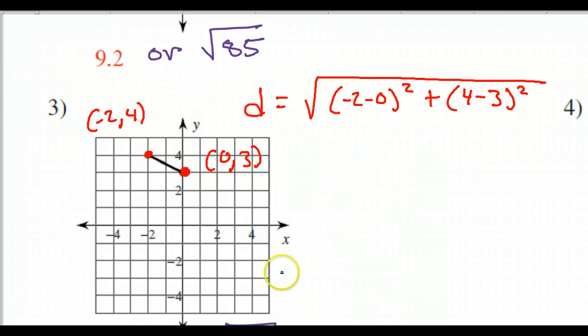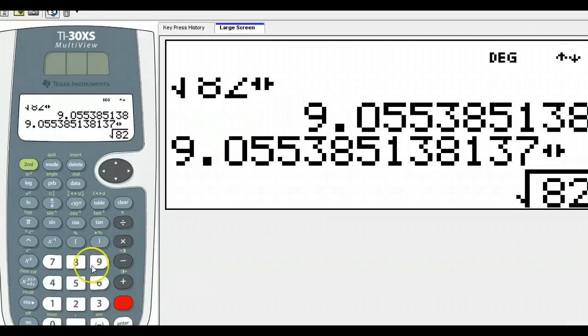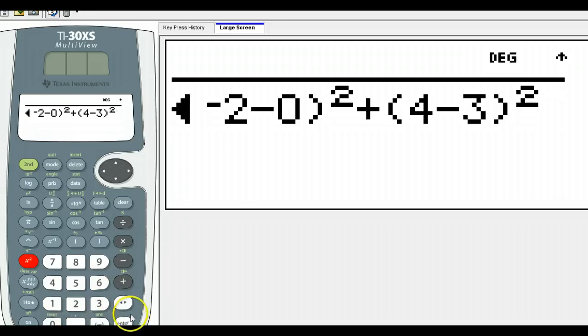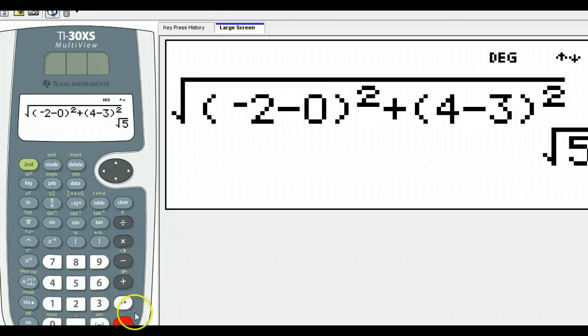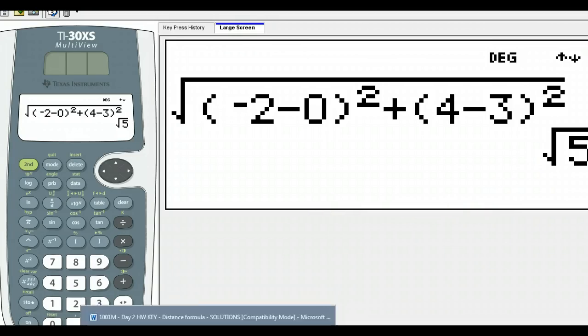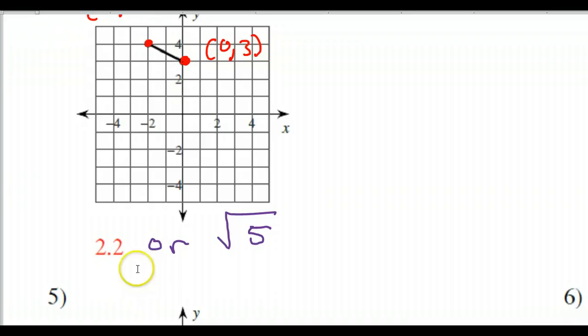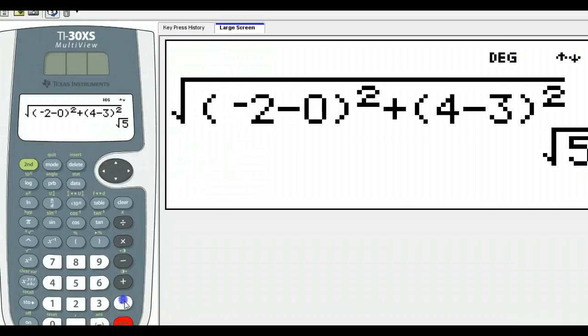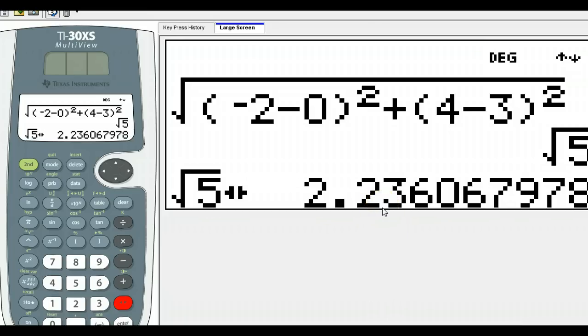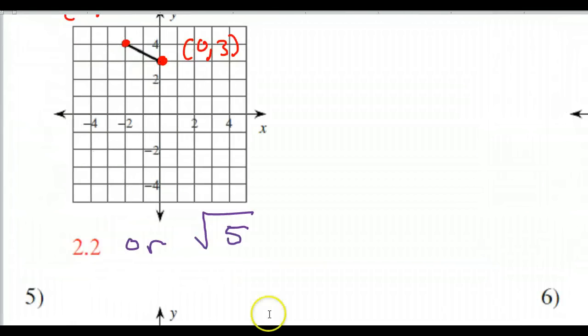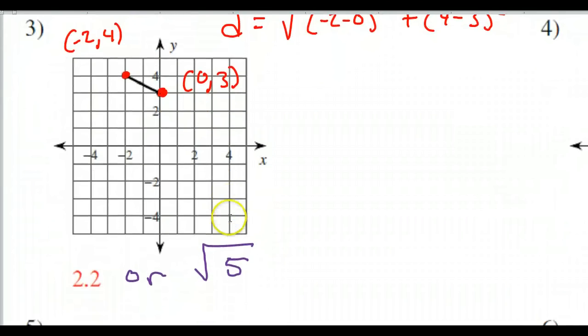Okay, so just put that in your calculator. This is what it looks like in your calculator. And there I get the square root of 5, which is the same thing as 2.2. So that's how you did number 3.